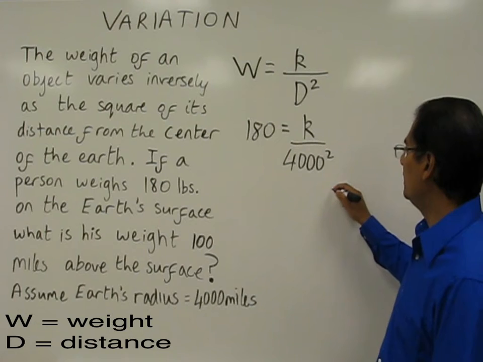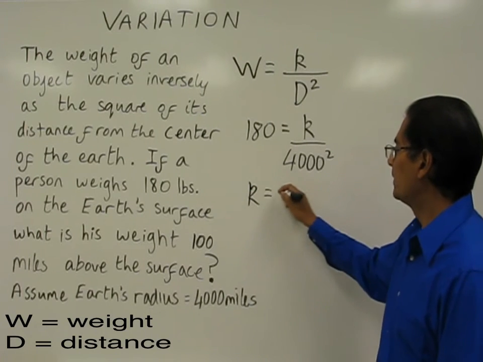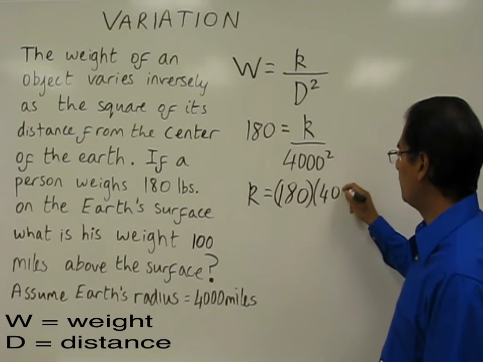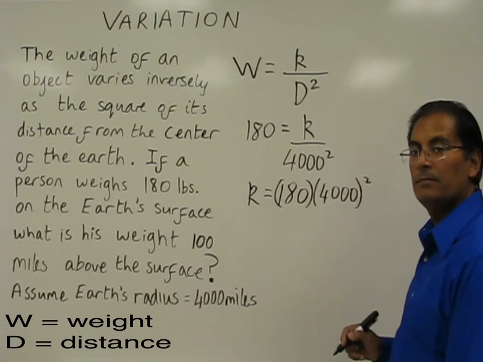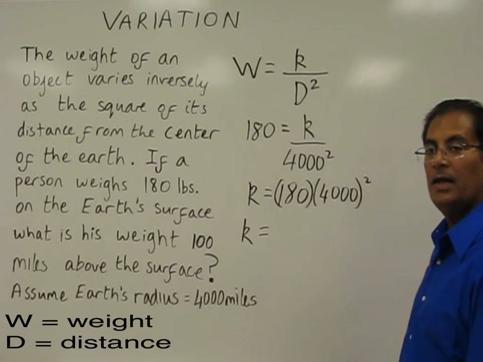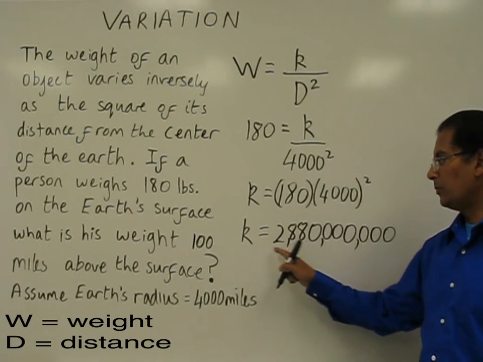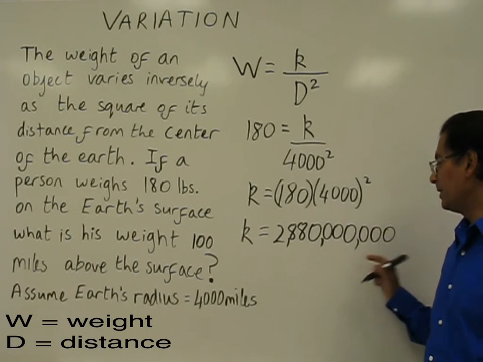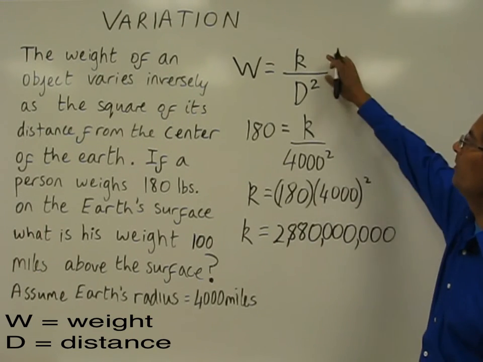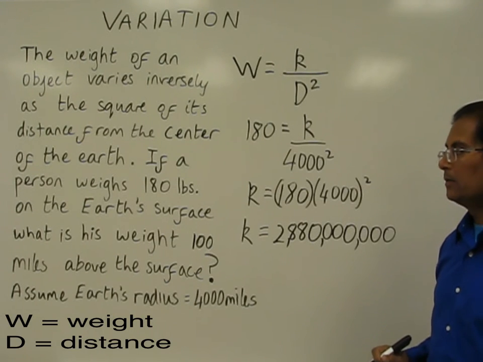So k is going to be equal to 180 times 4,000 squared. We plug that into our calculator, and we get k equal to 2,880,000,000. That's our k. So we can plug this in for k and continue on with the problem.